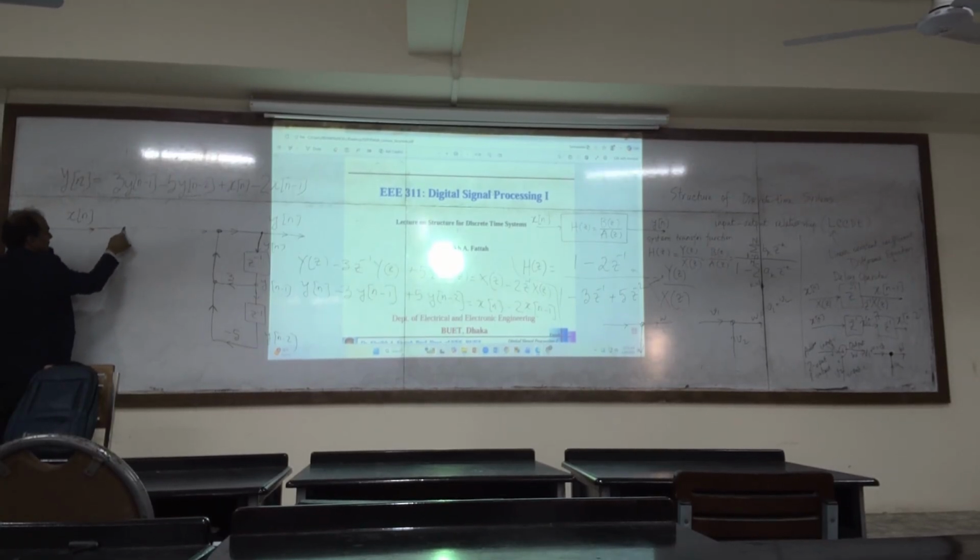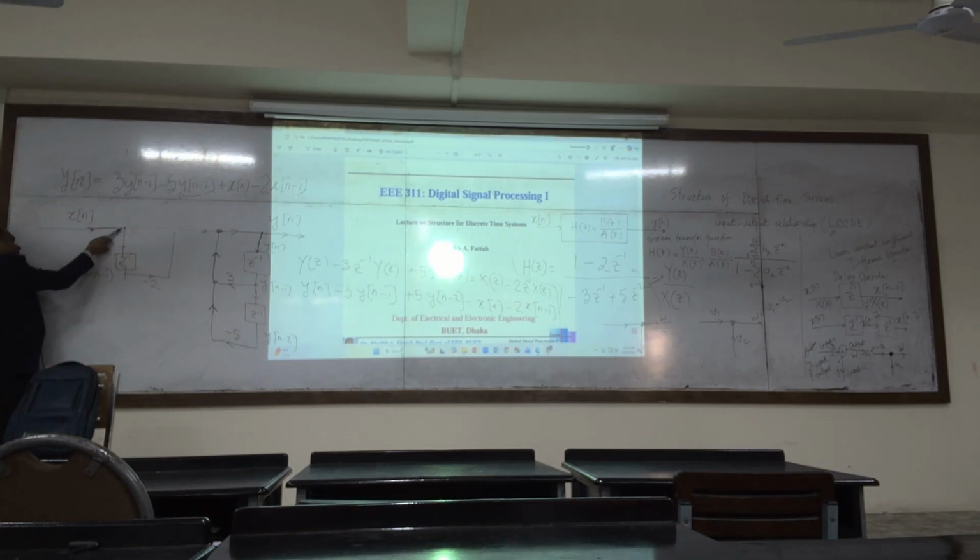In a similar manner, you can use a z inverse and that will give you x(n-1), multiplied by minus 2. You multiply by minus 2 and bring it here. So this is x(n) coming here.